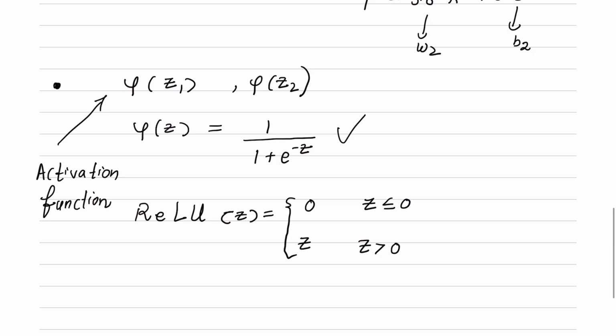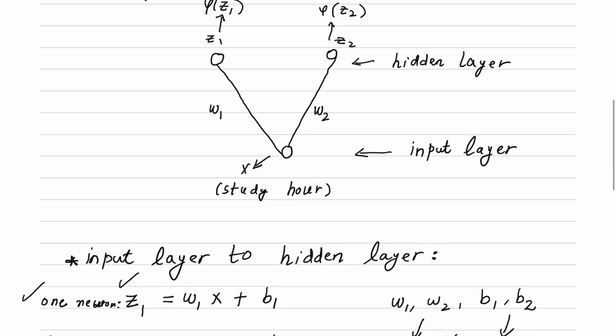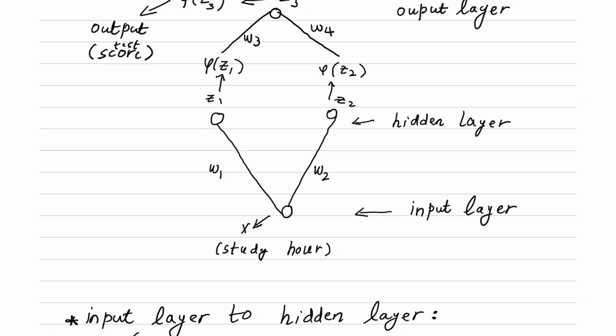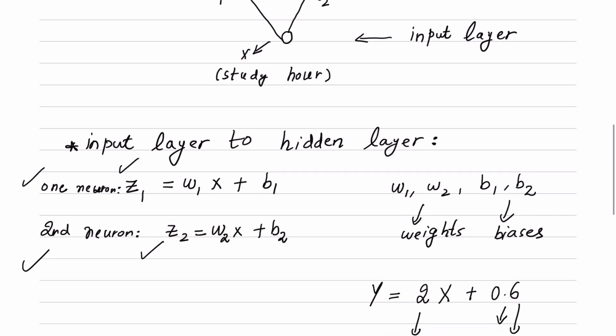Once we apply an activation function on Z1 and Z2 in this hidden layer part, we get two numbers, and then the third part of this neural network learning begins, where these two numbers phi of Z1 and phi of Z2 are connected with one neuron in the output layer by using the weights W3 and W4.